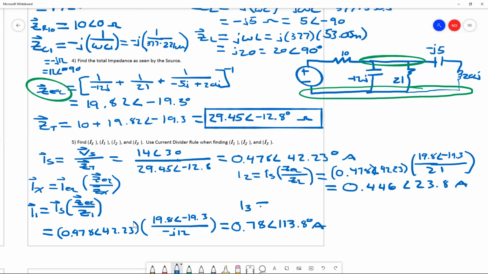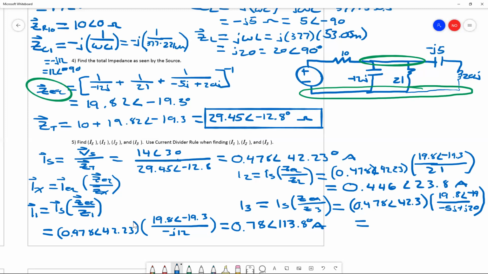And then your last one will be I3, which is going to be IS times ZEQ over Z of branch 3. Remember, branch 3 was the one with the capacitor and the inductor in series, so you're going to need to add them up. So we've got 0.478 at an angle of 42.3, times 19.8 at an angle of negative 19, and the bottom is going to be negative J5 plus J20.